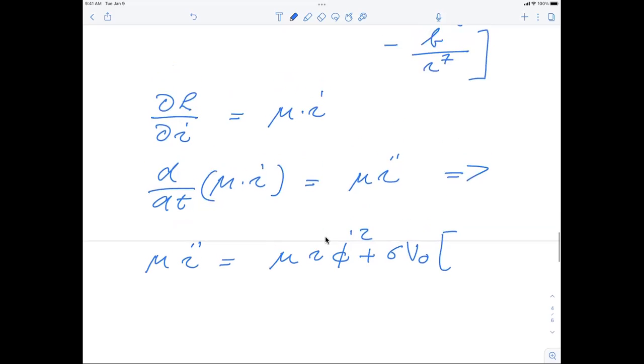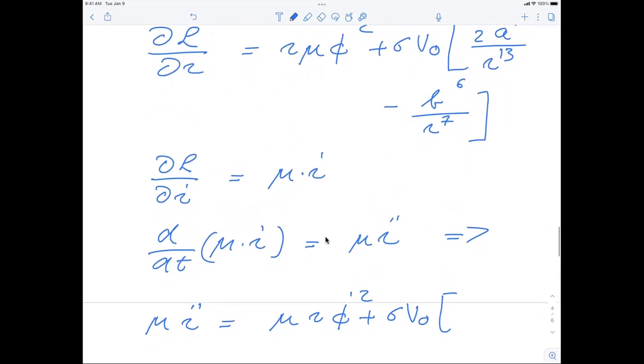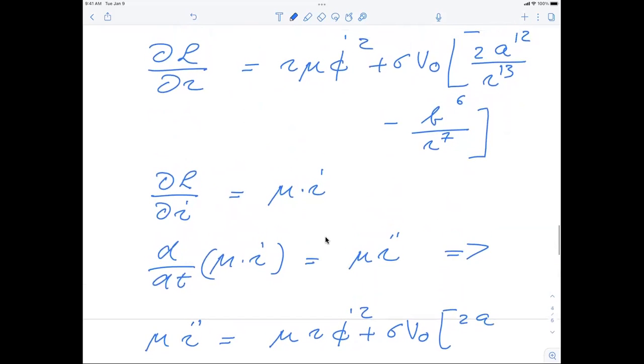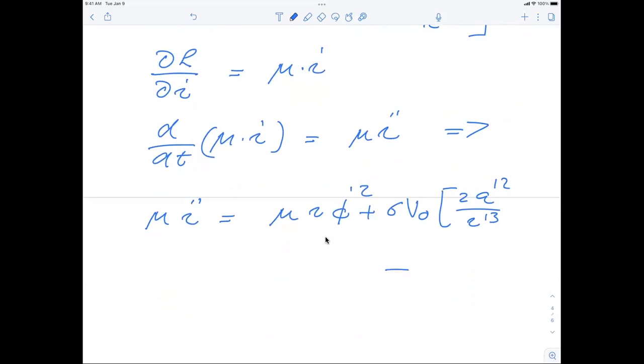And then we have the potential here, which we plugged in. So this is 2 times a to the power of 12 divided by r to the power of 13 minus b to the power of 6 divided by r to the power of 7. And this is my equation for the force in the radial direction.